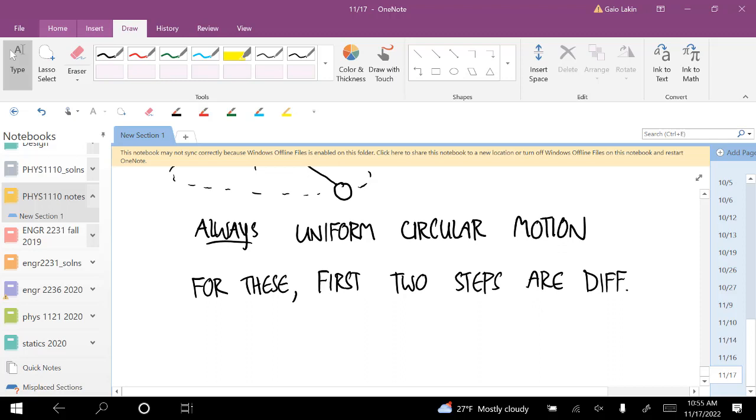So step one, the main difference is instead of taking a view where you can see the circle, which would mean looking at it from above, in this case, we're going to take a side view.